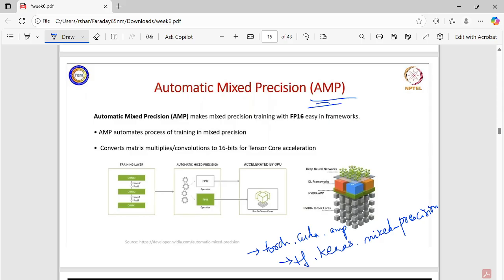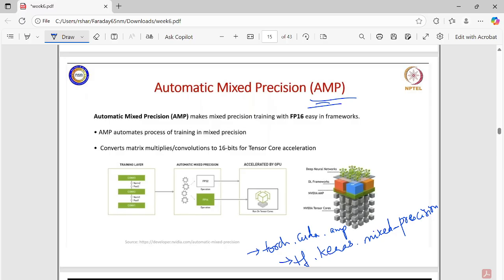After this, we have scaler.scale(loss).backward, then scaler.step(optimizer), and scaler.update. So this is a basic example using PyTorch.